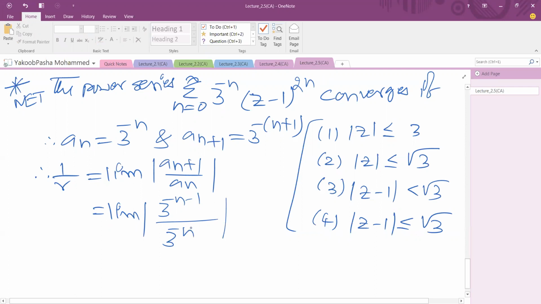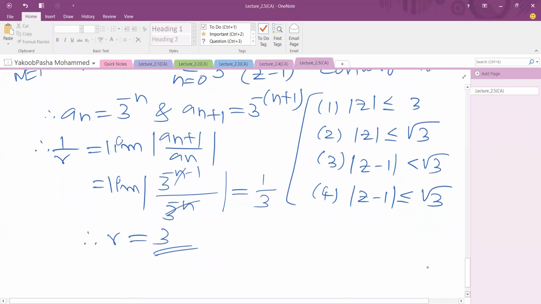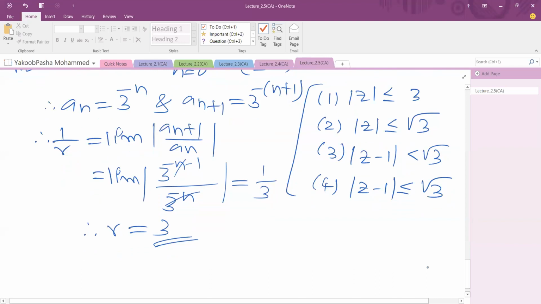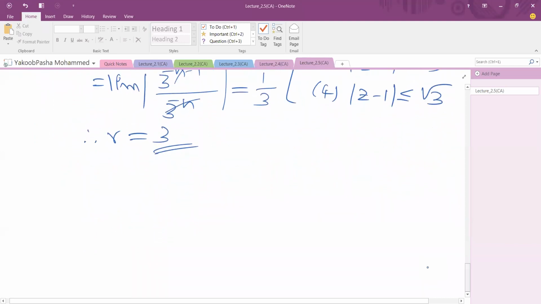Okay, 3 power minus n will be cancelled. This is equal to 1 by 3. Therefore the radius of convergence r is equal to 3. Radius of convergence r is equal to 3, but we have to find the domain of the disk of convergence.